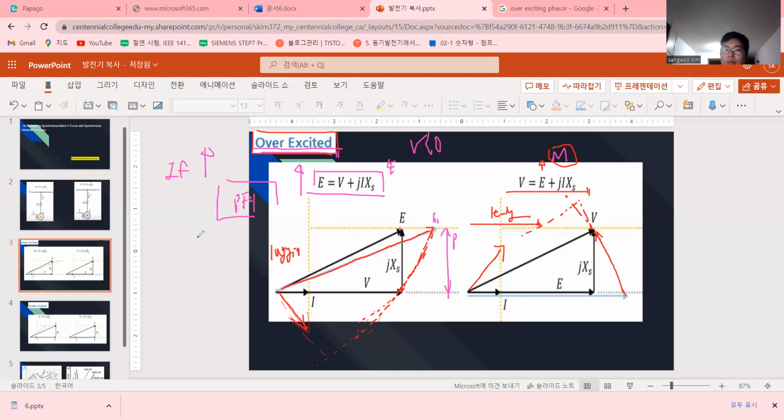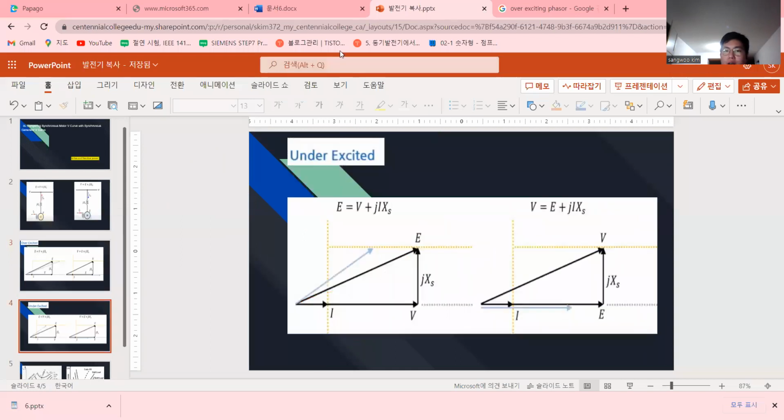So let's see more. The next picture is the underexciting case. This is the generator, right? If we underexcite, E comes down. So if we reduce E to here, what happens? Here is I, jXs, right? So 90 degrees.